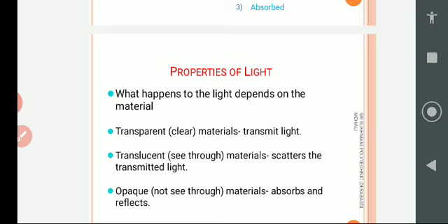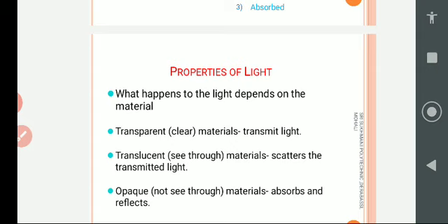There are three types of material. One is transparent, another is translucent, and the third category is opaque. Transparent means a clear material, for example glass. When light falls on glass, it transmits the light.